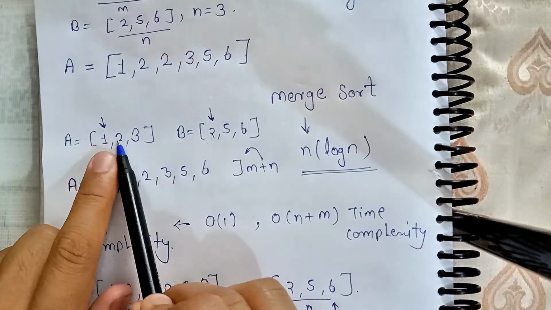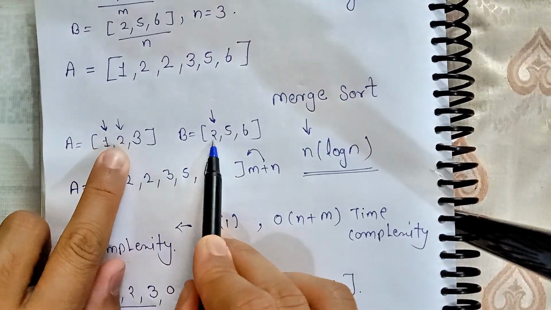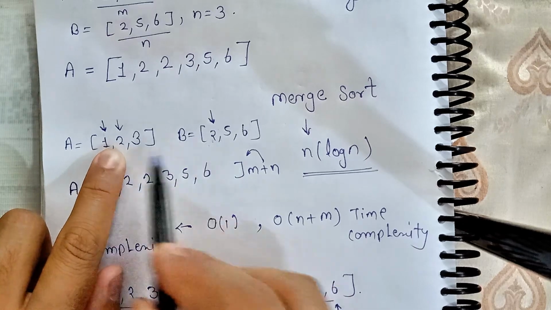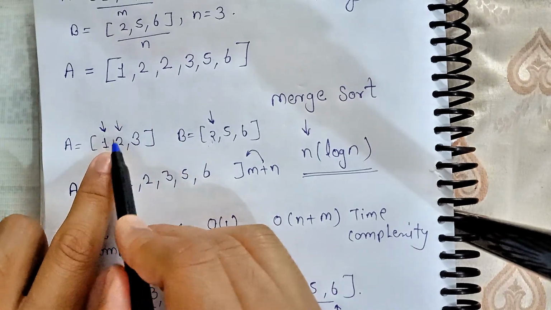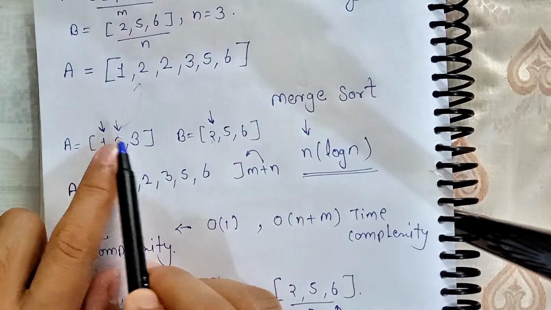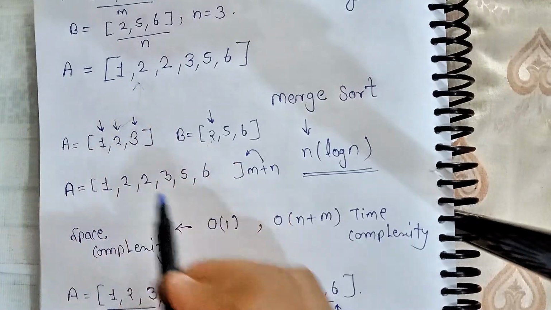Then we move to the next. After that we compare these two values. If this value is less, we enter it in the array. Now we move next and increase the value of the index.